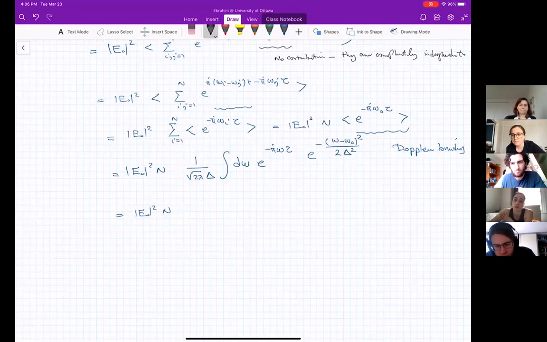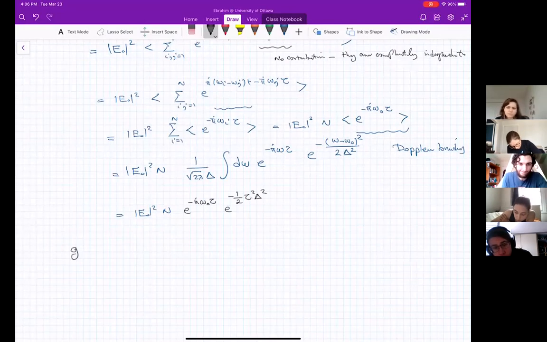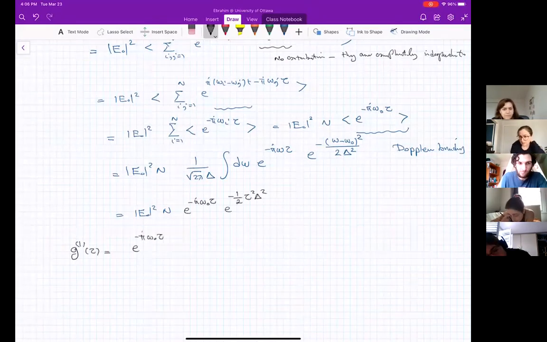That will be e power of minus i omega 0 tau, and then e power of minus 1 divided by 2 tau square delta square. Okay. So g1 of tau, which is a normalized one, is proportional to e power of minus i omega 0 tau, e power of minus 1/2 of tau square delta square.